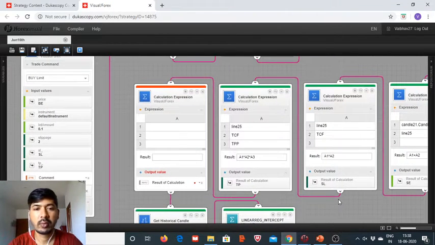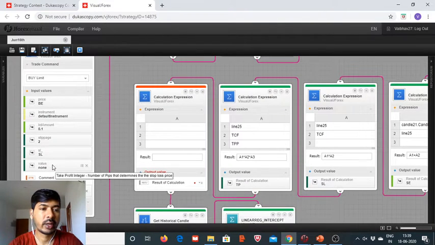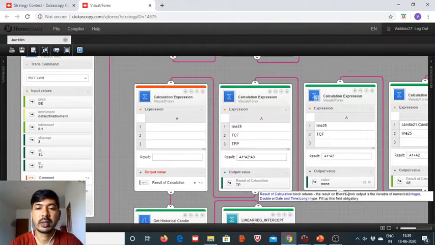So here we have to put this, and now we have to define the order validity, and order validity is in long format. These values, the stop loss and target price, are in integers.